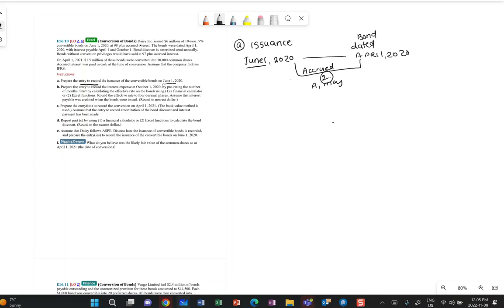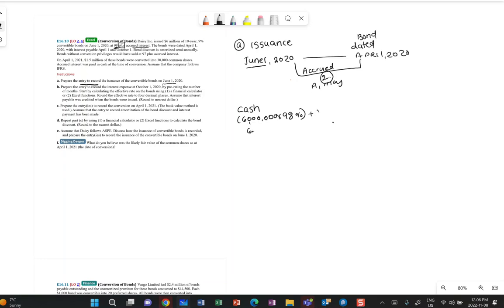So they said Daisy Inc. issued 6 million of 10-year 9% convertible bonds on June 1st, 2020 at 98 plus the accrued interest. When you work out your cash, you take the face value of your bond, which is 6 million, issued at 98%, and we also add our accrued interest.